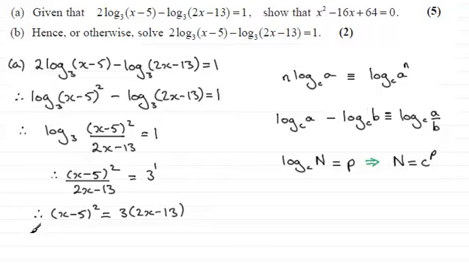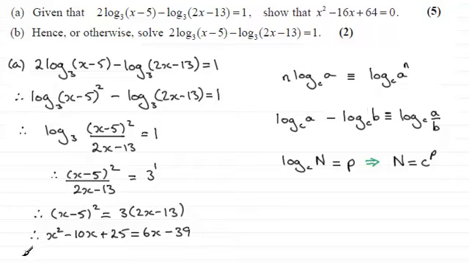And if I expand this bracket here, x minus 5 times another x minus 5 is going to give us the first term squared. Twice the product, we're going to get minus 5x minus another 5x, so it's going to be minus 10x, and then minus 5 all squared is plus 25. And this is equal to 3 times 2x, which is 6x, and 3 times minus 13, which is minus 39.